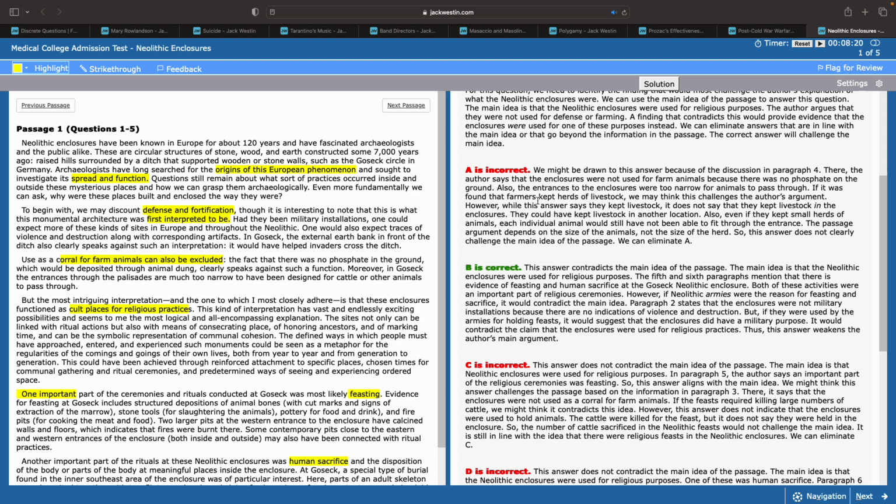If it was found that farmers kept herds of livestock, we may think this changes the argument. While this answer says they kept livestock, it does not say that they kept livestock in the enclosures. They could have kept livestock in another location. Also, even if they kept small herds of animals, each individual animal would still not have been able to fit through the entrance. The passage argument depends on the size of the animals, not the size of the herd.